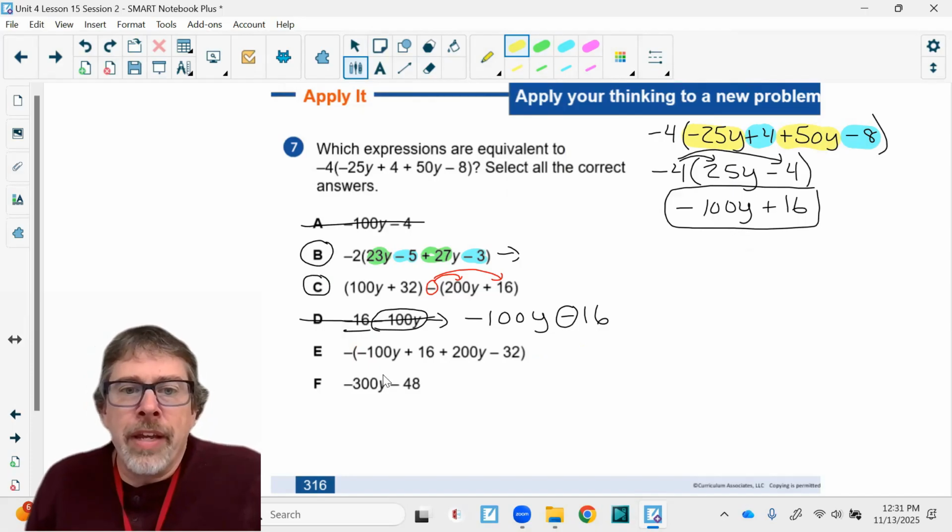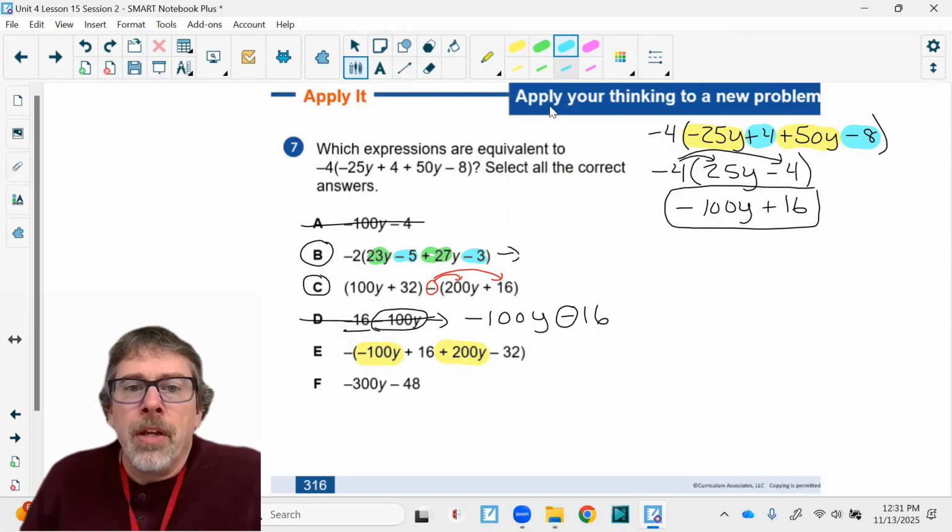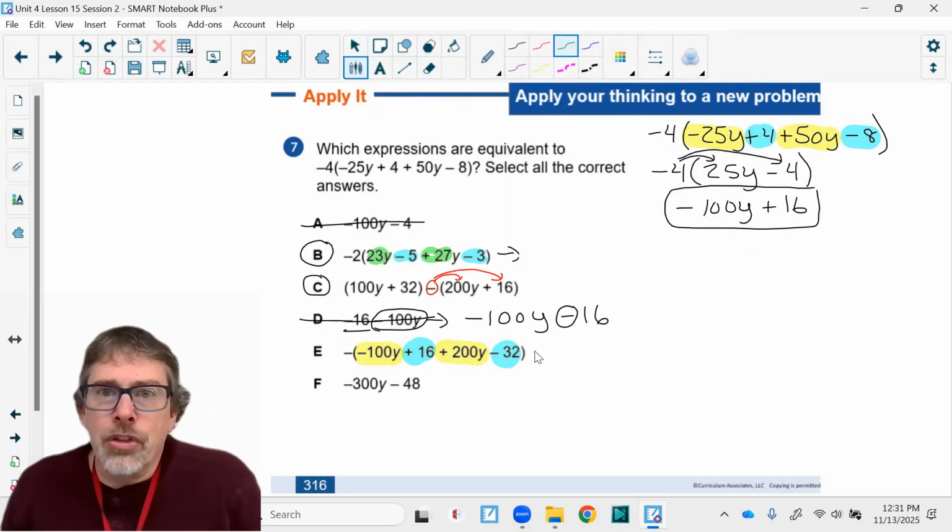I'm apologizing for that. Here's 100y, here's 200y. We have to simplify the parentheses first. That's parentheses in PEMDAS or grouping in GEMDAS. So now I'm going to say negative parentheses, negative 100 plus 200 is 100y. 16 minus 32 is negative 16.